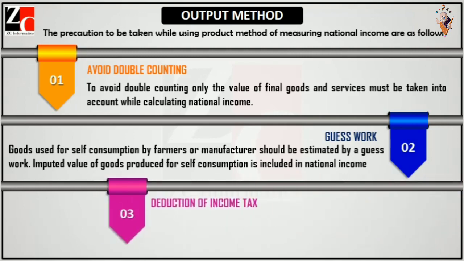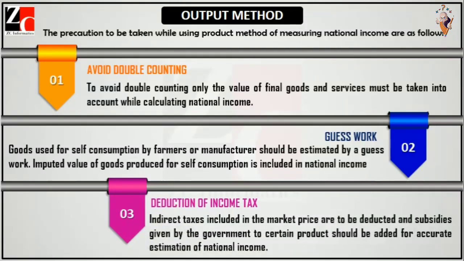Imputed value of goods produced for self-consumption is included in national income. Point number 3. Deduction of indirect tax. Indirect tax included in the market price is to be deducted, and subsidies given by the government to a certain product should be added for accurate estimation of national income.